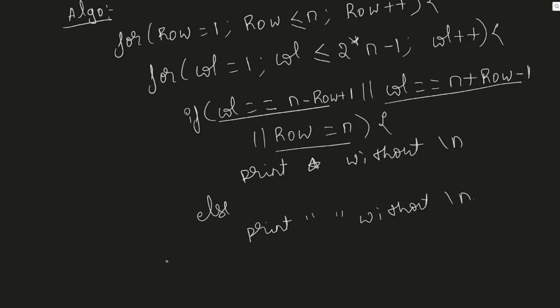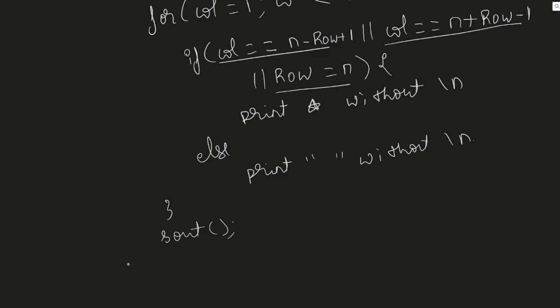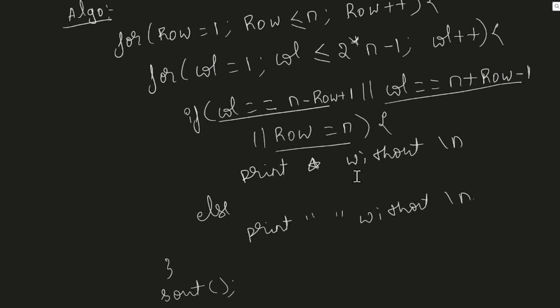That's it. It's pretty simple and straightforward. After completing a row, we need a new line. That's it. We are done with the pattern. Let us go back to IntelliJ and let us try to code it.